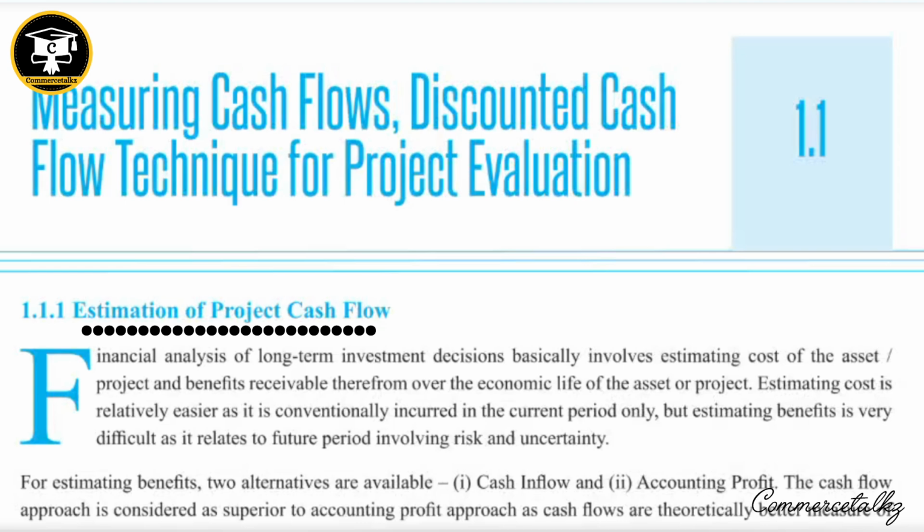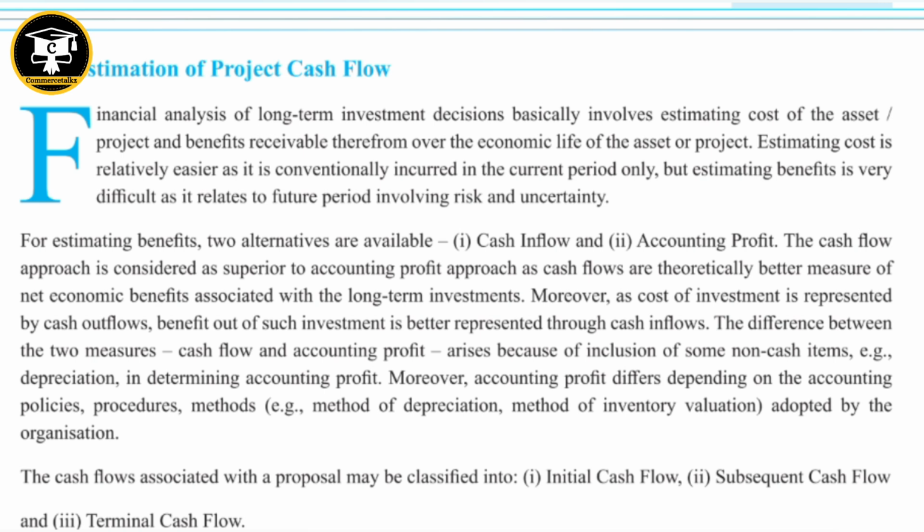So in financial analysis, we are estimating cost and benefits over a period of time by investing in long-term projects. And also we are estimating the cost. It is very easy to ascertain the cost for the current period, but the future is always uncertain. It will be very difficult for us to predict what will be the cost on a future date. So that is the first concept. We have to estimate the project's cash flow.